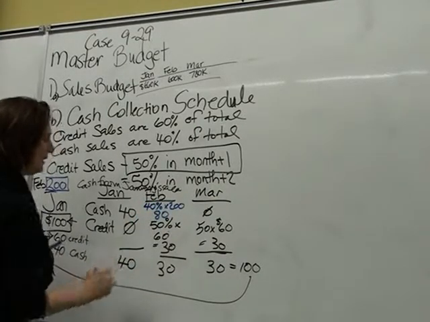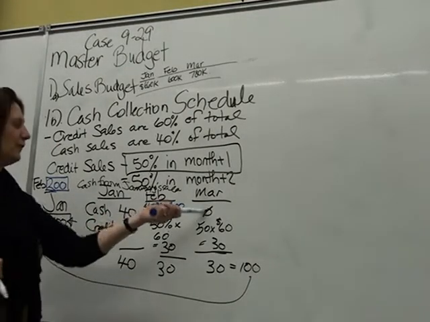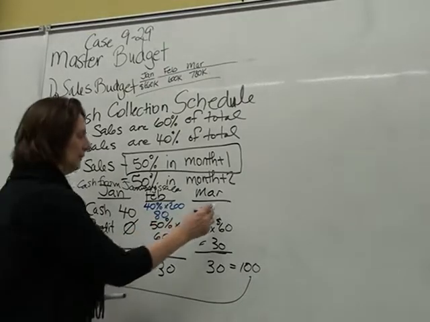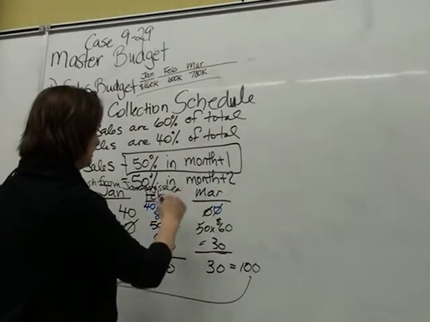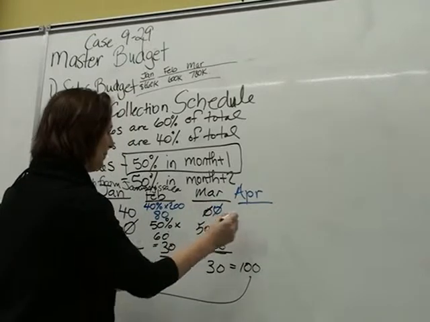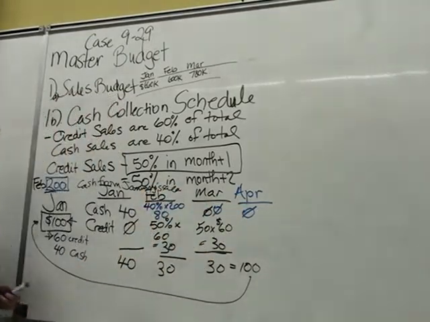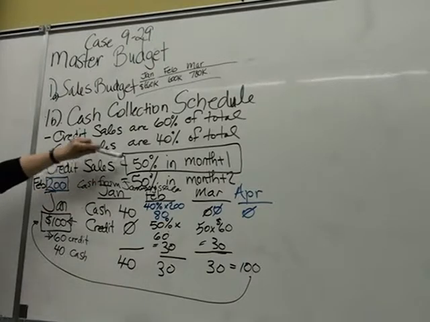We're collecting $80. And how much cash are we collecting in March from this sale? None. Right? And what's the next month? We need February, March, April. And how much cash in April from the February sale? None. So now, how much are we going to collect in February of credit sales?